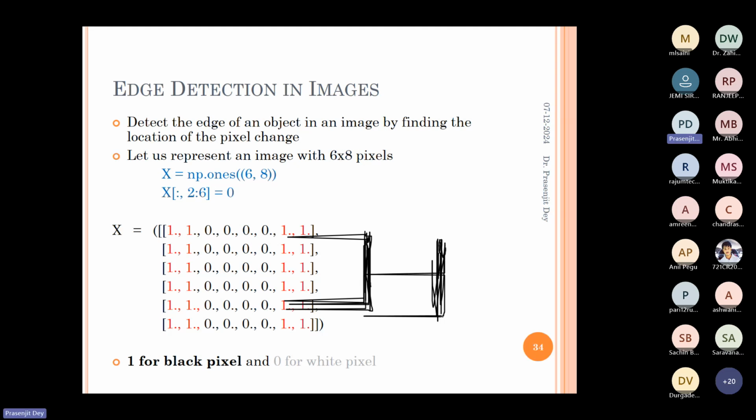In that case, my job is to identify the edges. Sorry, extremely sorry. My job is to find these vertical edges, this vertical edge as well as this one. So these two vertical edges I need to identify.